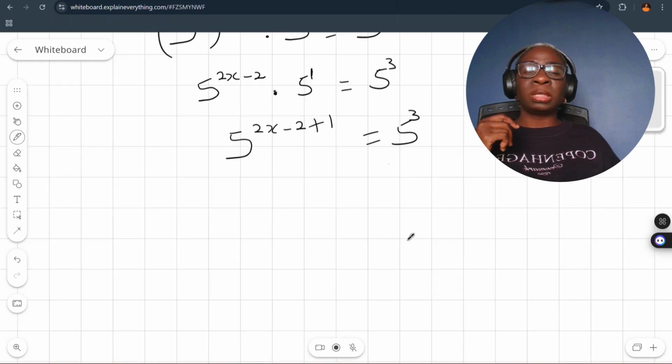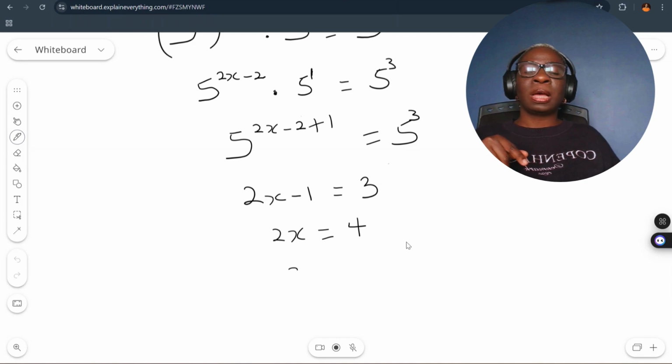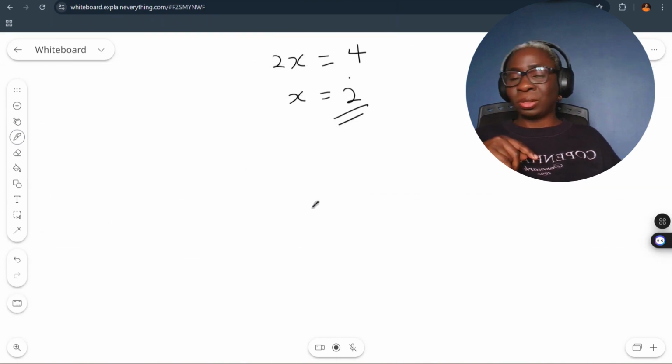Now we can equate the powers since we have the same base on both sides. So we have 2x minus 2 plus 1 would give minus 1, and this will be equal to 3. So that we have 2x. When negative 1 goes to the other side, it becomes positive, and then x will be equal to 4 over 2, and that is 2.